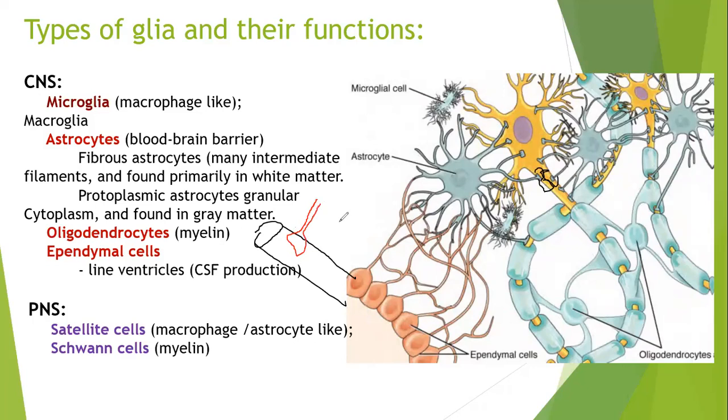Then I have another cytoplasmic extension from another astrocyte, and I flatten it against this part. And I have another one coming from here, and I flatten the cytoplasm around this part. I bring another astrocyte extension, and I flatten it against this part.